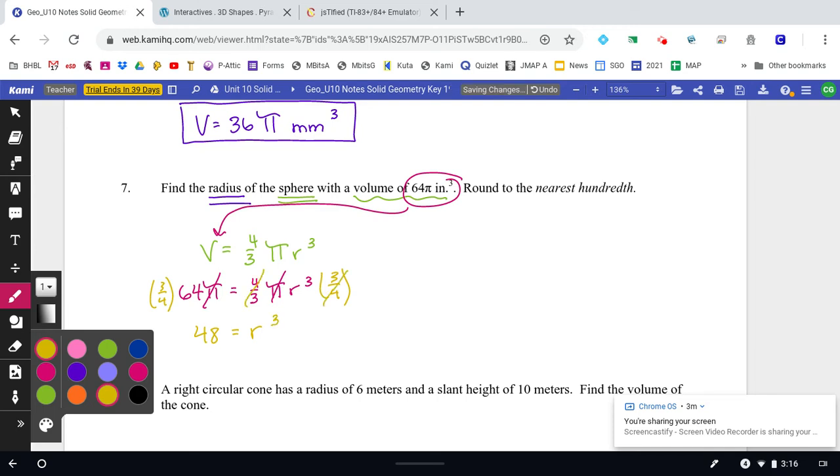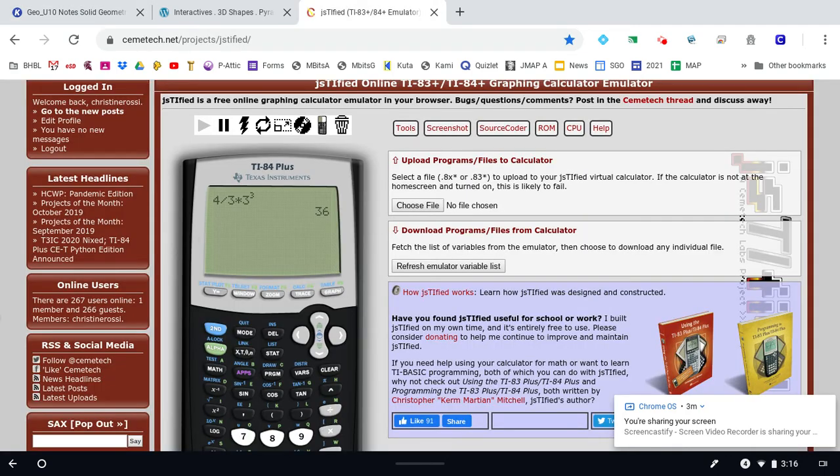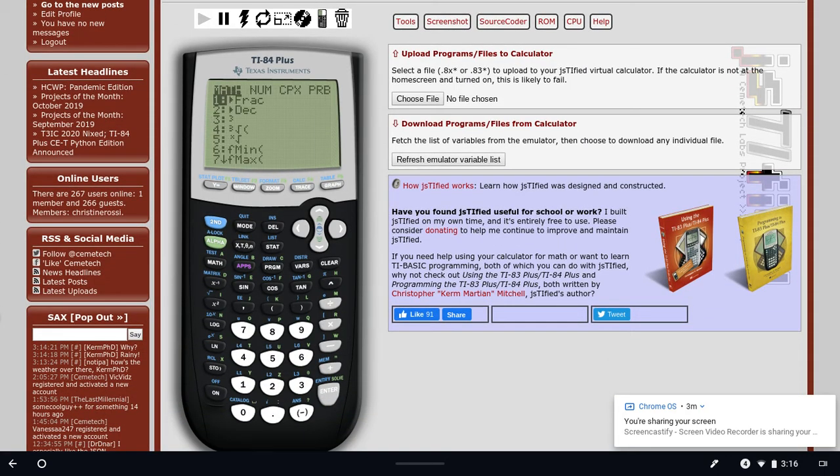Now, if I want to undo the third power, I need the cube root. All right, so in my calculator, I go to math, and right there, number 4, cube root of 48. So I'm looking for what number cubed equals 48.